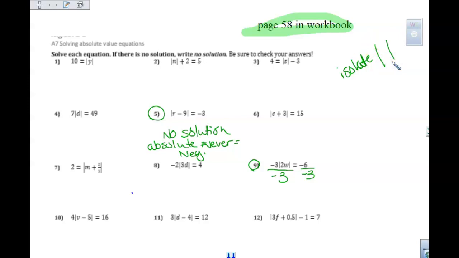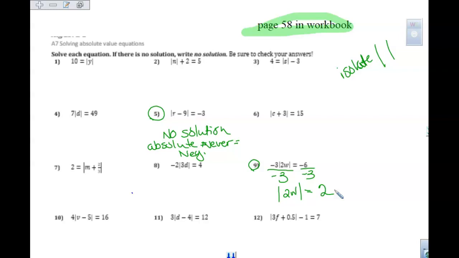So when I isolate this absolute value, I get the absolute value of 2w equals negative 6 divided by negative 3 is positive 2. So now, once it's isolated, that's when I decide if it's undefined or if there's a solution or no solution. So great job picking those two.